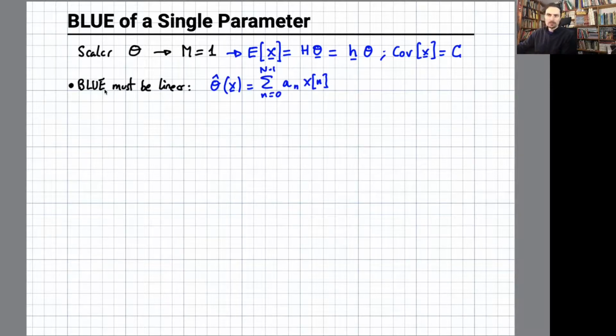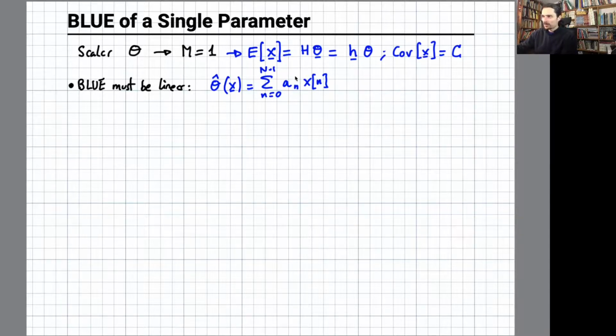So to find the BLUE, we will just apply the definition, okay? Remember that the definition specifies that the BLUE must be a linear function of the data, right? So it must be expressible in this way for some coefficients a_n. This is because any linear function of x can be expressed in this way, as we know from linear algebra.